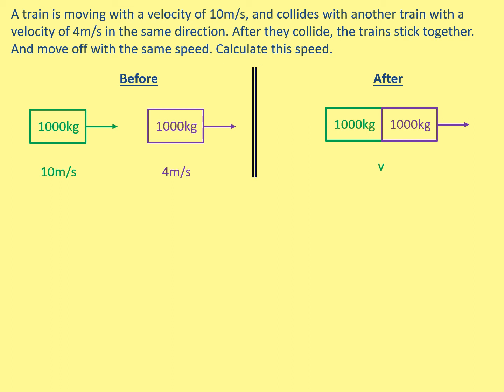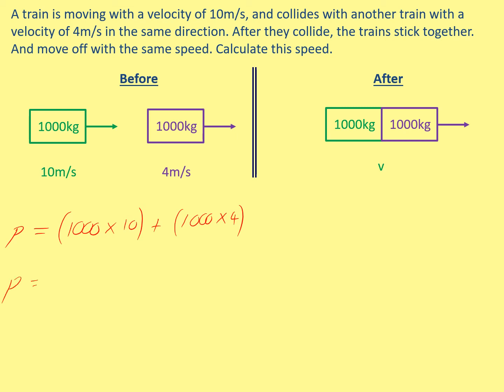Then we need to work out the total momentum before. So the total momentum before is equal to mass times velocity plus mass times velocity. And we can work out each one of those.